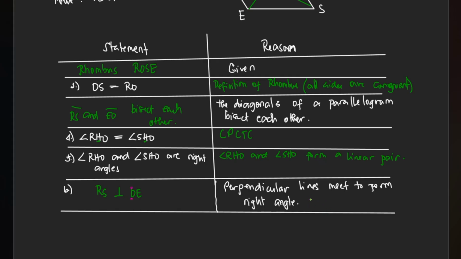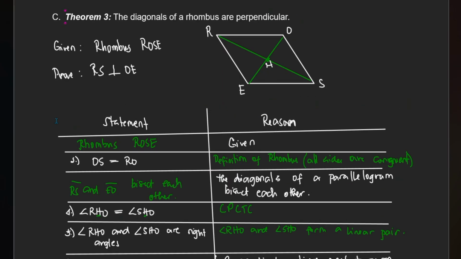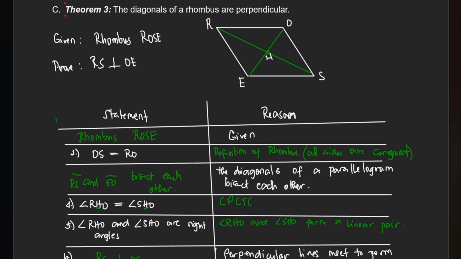Perpendicular lines meet to form a right angle. A right angle is an angle that measures 90 degrees. This is the example of our theorem number 3.